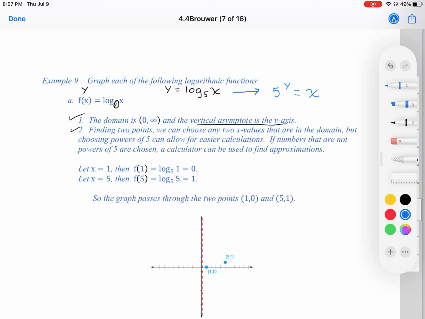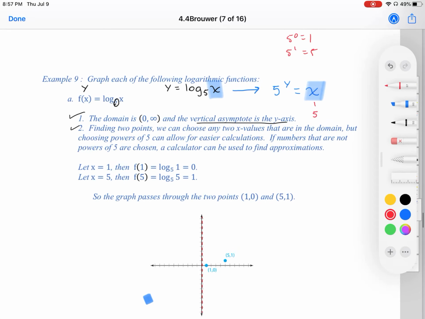So if I'm thinking as to what should I make x, you want to make sure it's a number that can come from an exponent with a base 5. So you want numbers like 1, a number to the 0 power is 1. Numbers like 5, because 5 to the first power will give us 5. 5 squared will give us 25, so you want an x of 25.